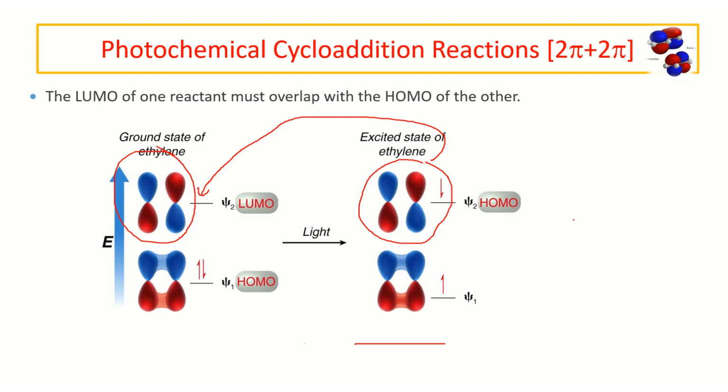So it's an excited state molecule with a ground state molecule. In the 4pi 2pi, both molecules were ground state. Here we have one molecule in an excited state reacting with another molecule in the ground state.